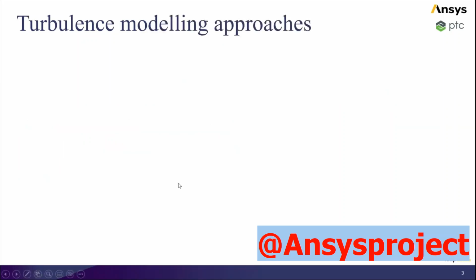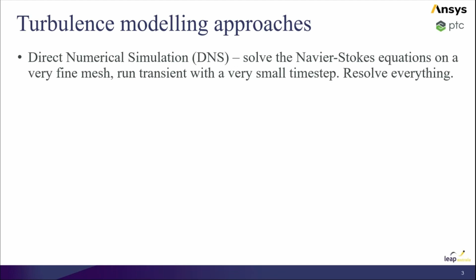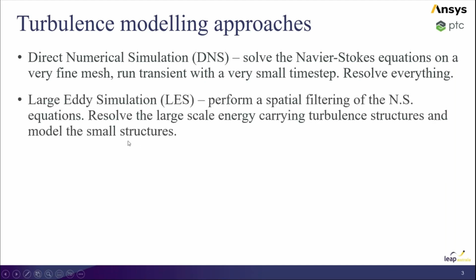So just to set the scene, we've got three or so main turbulence approaches. People talk a lot about DNS, where you basically just solve the Navier-Stokes equations, very fine mesh, very small time scale, resolve everything, and none of us are going to do that because it's way too impractical.